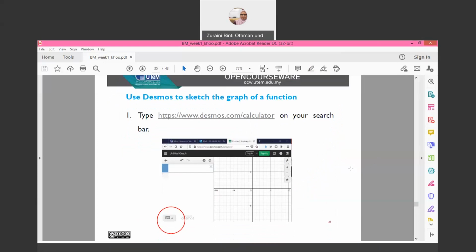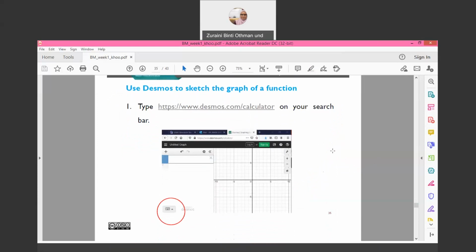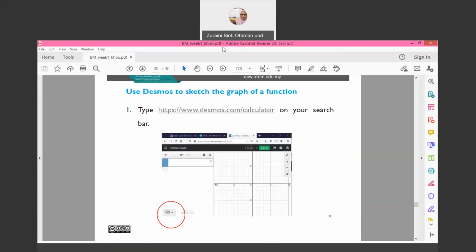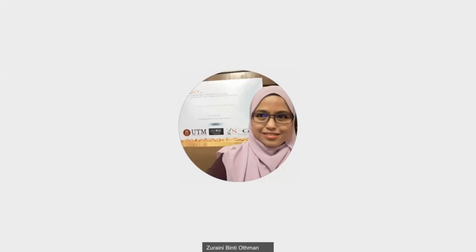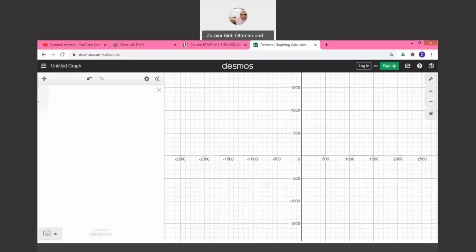Okay, or we can use this Desmos calculator. In this Desmos calculator, for example here, I share the content for Desmos. Okay, go to the Desmos. Okay, stop sharing. Here I'm sharing with you the Desmos. This is the slide from just now.